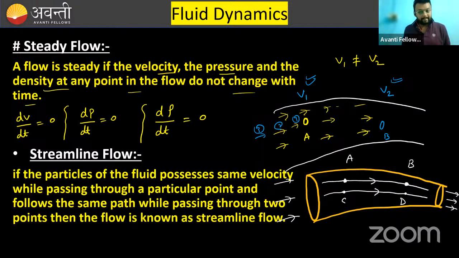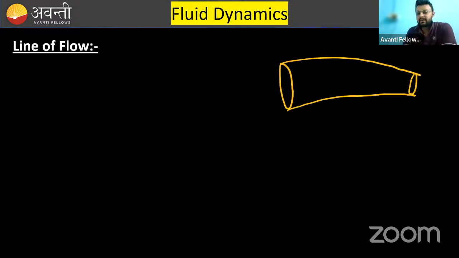Again, moving further. Now, the path of these particles, like this AB path, and CD is another path. These paths are known as line of flow. You can see again the same thing like this. This is the path AB.